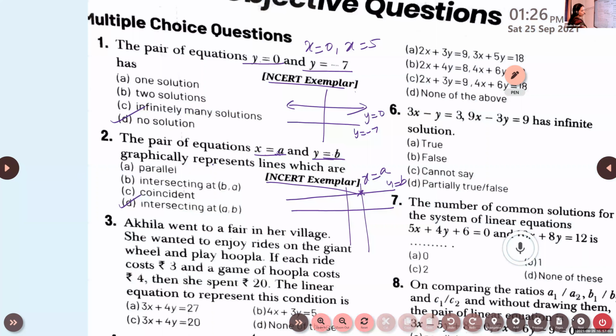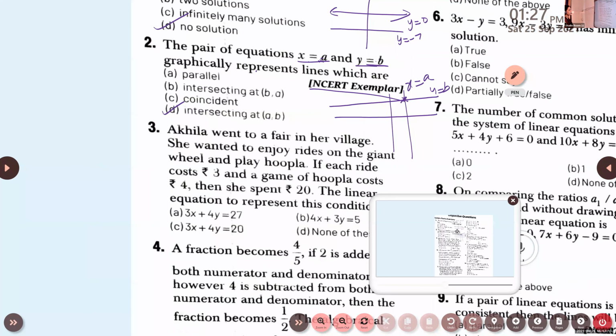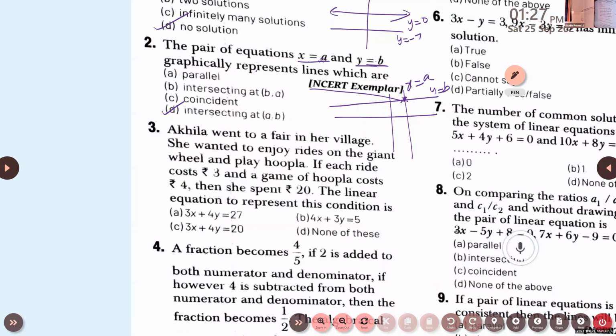Now look at the next one. Look at the third question. Agila went to a fair in her village. She wanted to enjoy rides on the giant wheel and play hoopla.